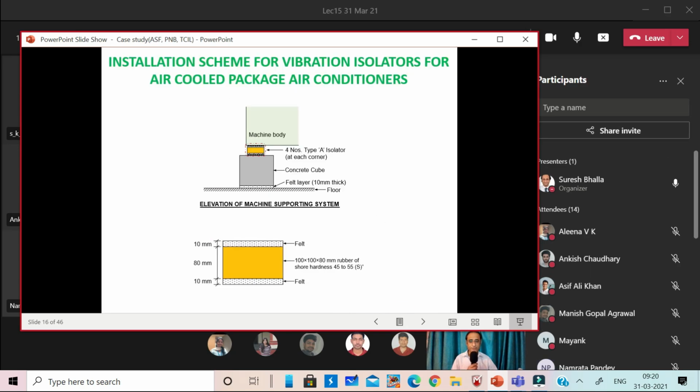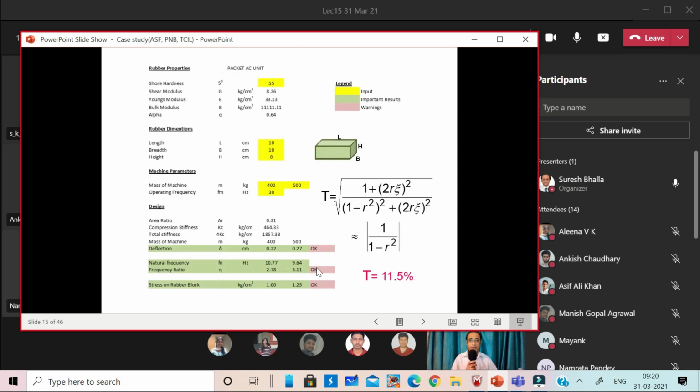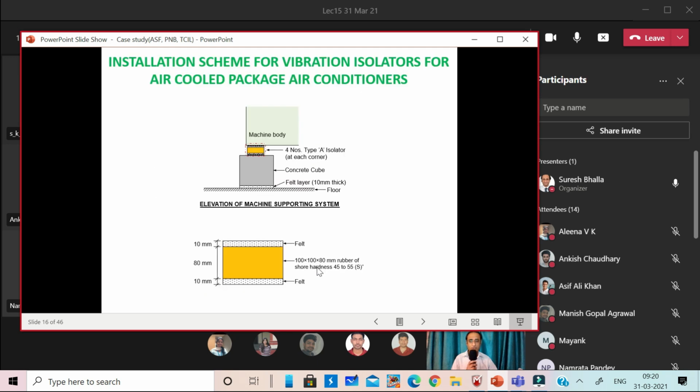Different machines were there, and each had different masses. So accordingly we tailored the dimensions of the rubber paddings so that we are getting a good value of the transmissibility, a low value of transmissibility.